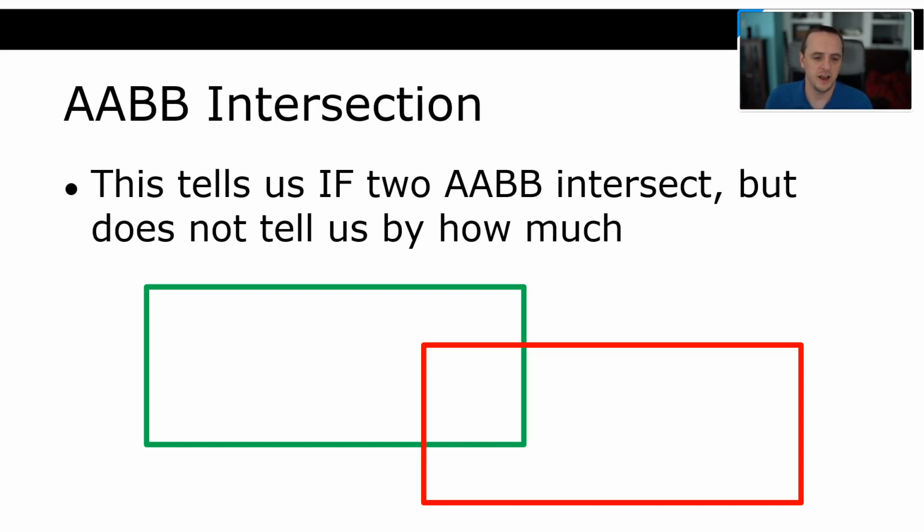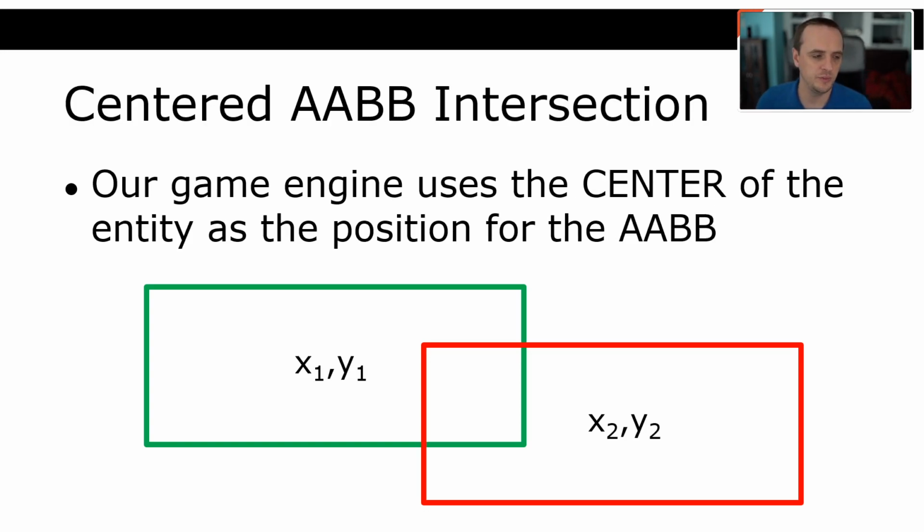So now we know if 2 axis-aligned bounding boxes are intersecting, but it doesn't tell us by how much, right? It's just a Boolean check: is there an overlap? What we're going to do in our game engine is use the center of rectangles, so the center of entities, as their position.